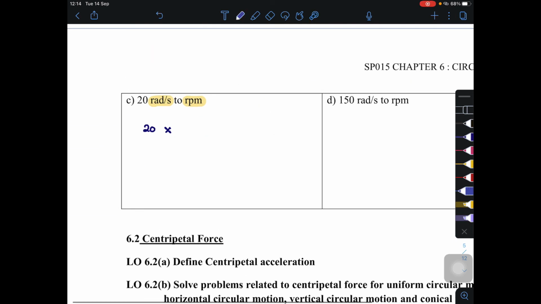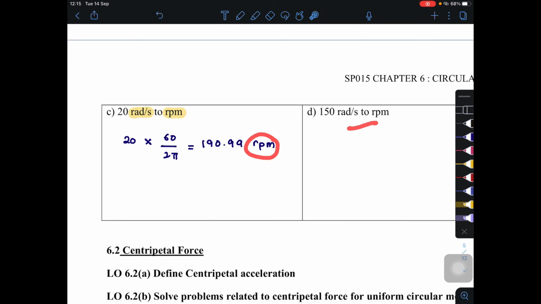This one method yang paling senang lah untuk kamu follow. So 60 divided by 2 pi, then kamu tekan calculator akan dapat 190.99 revolution per minute ataupun letak RPM. So this one pun sama, you can try it on your own.